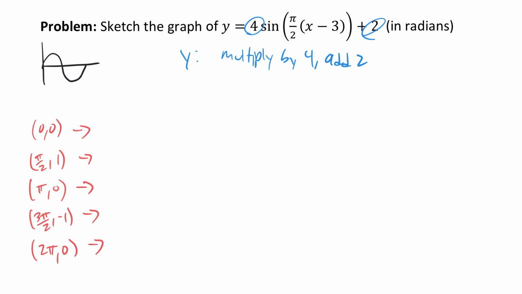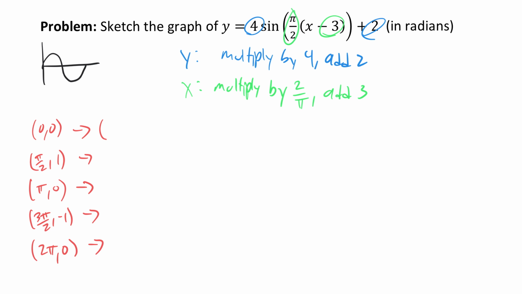For the x values, let me do that in another color here. We are going to, ooh, this is weird, pi over 2. So we are going to multiply by the flip, multiply by 2 over pi, and then the -3 actually becomes a +3. So we'll add 3.